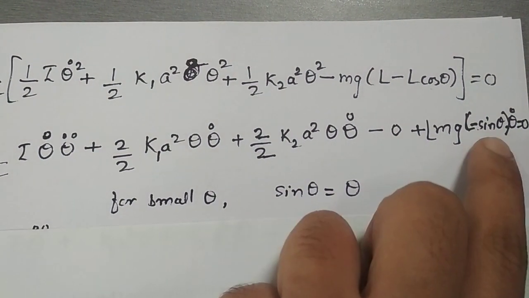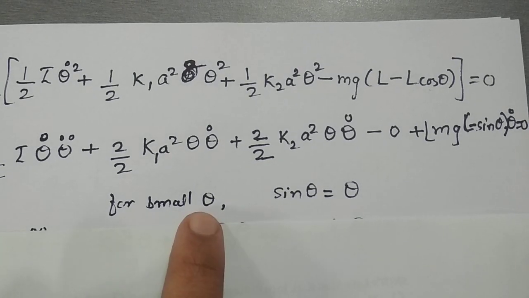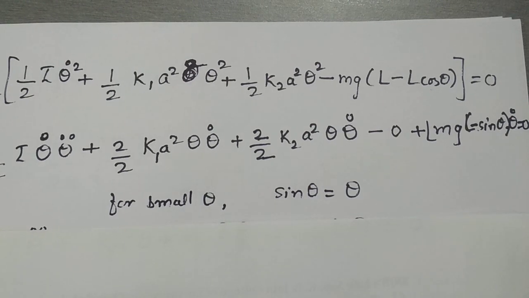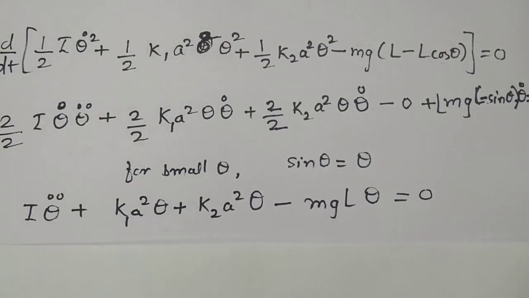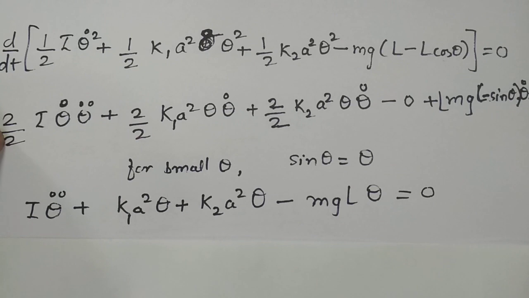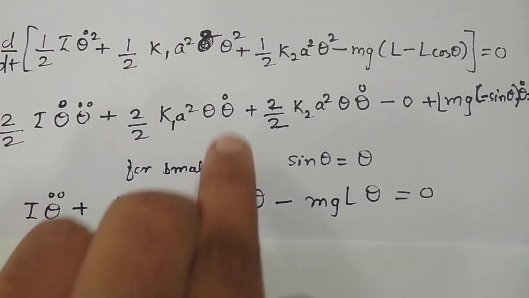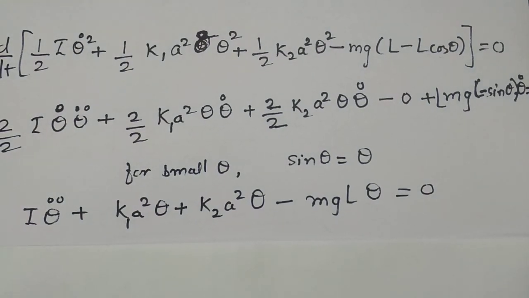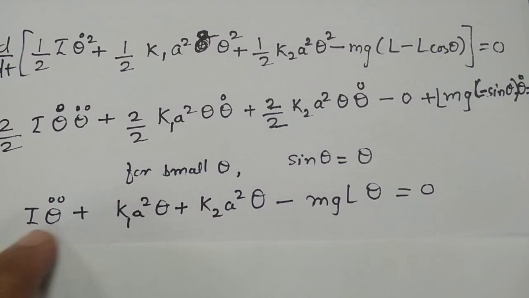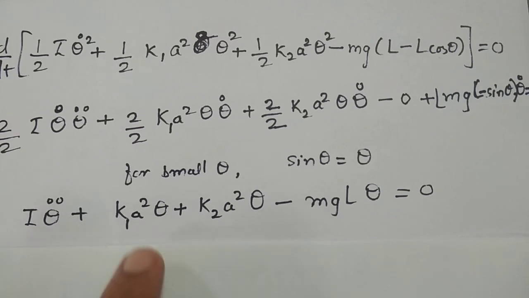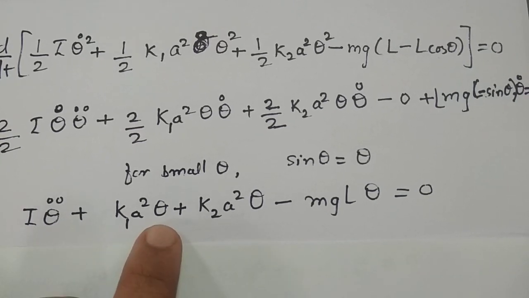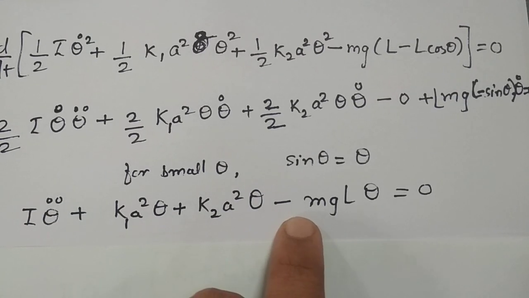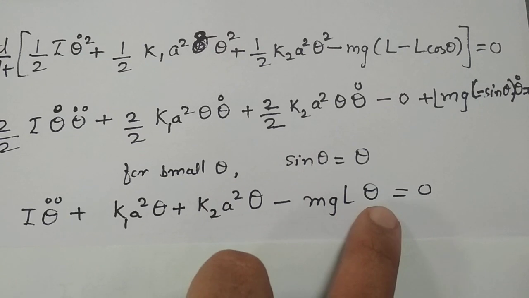Again this sin theta: for a small theta angle we can consider sin theta equal to theta. So the above equation can be written like this. This 2 upon 2 gets cancelled. Theta dot is common, so it can be cancelled. So I theta double dot plus k1 a square theta plus k2 a square theta minus mgL theta.